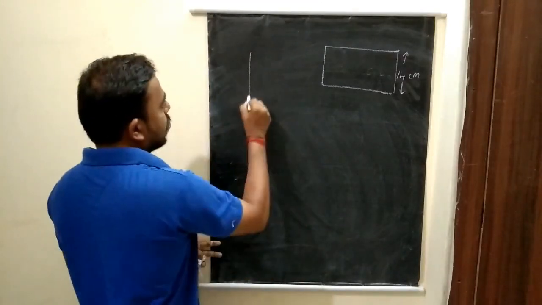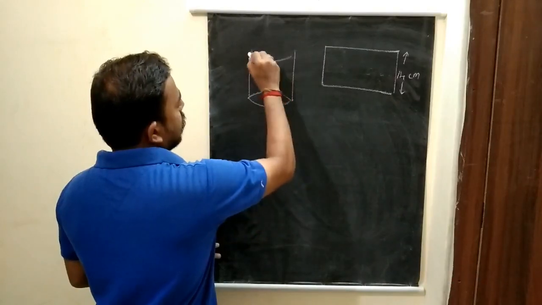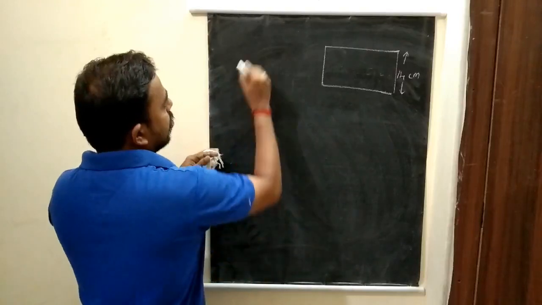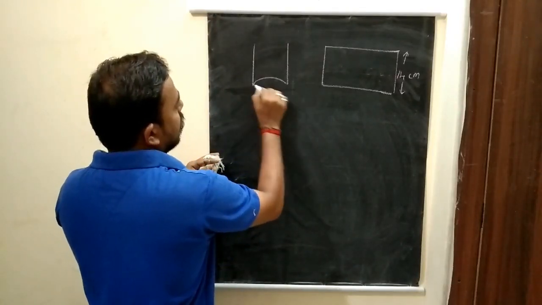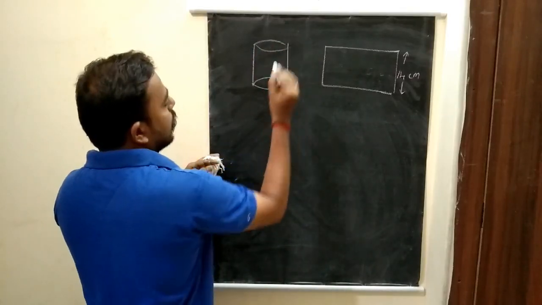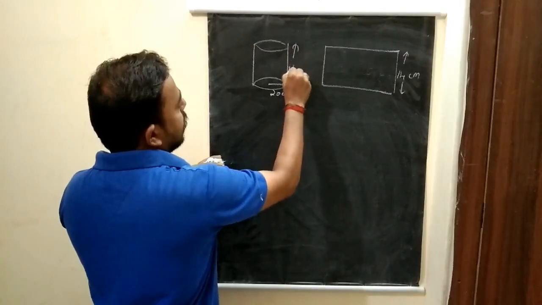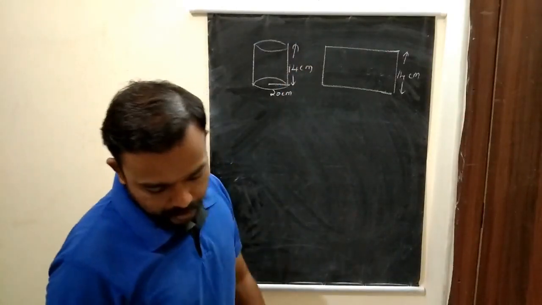So another one is also given: radius 20 centimeter and this height 14 centimeter. This one is formed.